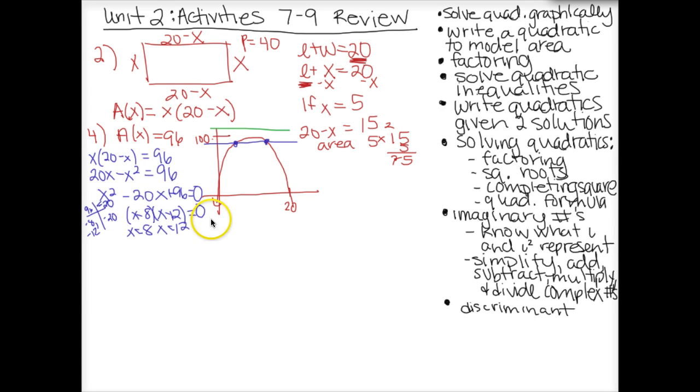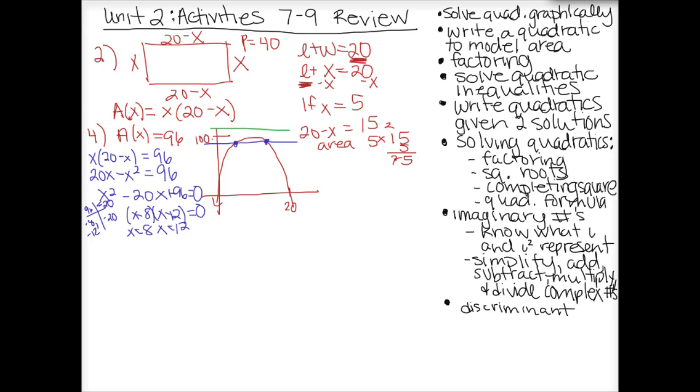So really two choices there. You can either solve x times 20 minus x equals 120, get the x's that have i's and say this means it's not possible, or you can find the discriminant of that equation and say this means the solutions are imaginary, so that area is not possible. So various choices there.